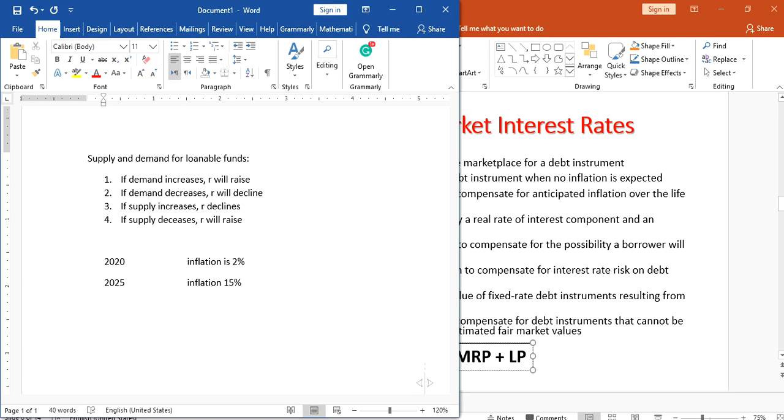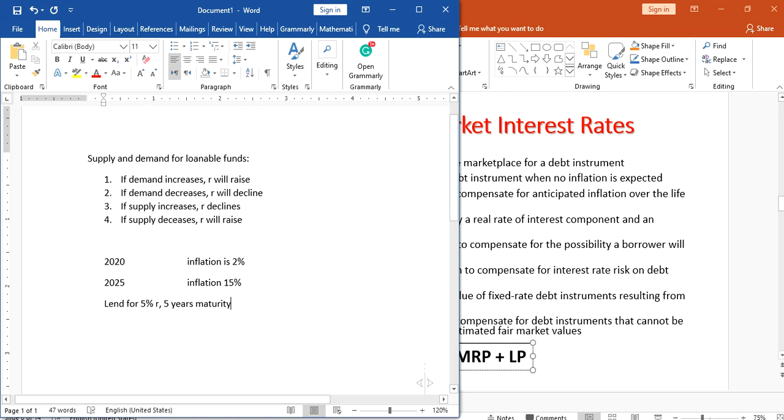Now, if I lend my money at 5% interest rate and 5 years maturity, then I will get 5% extra on my money.